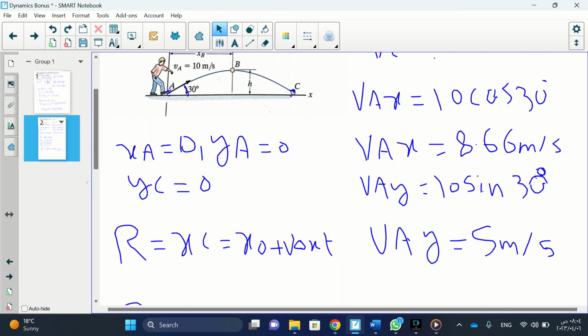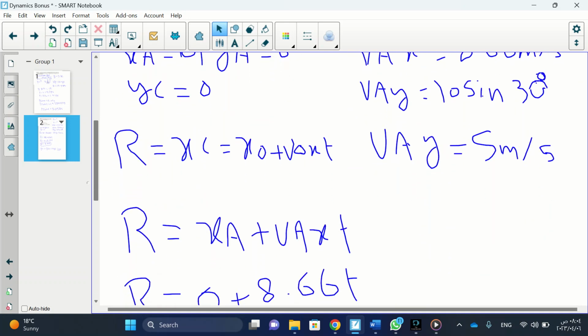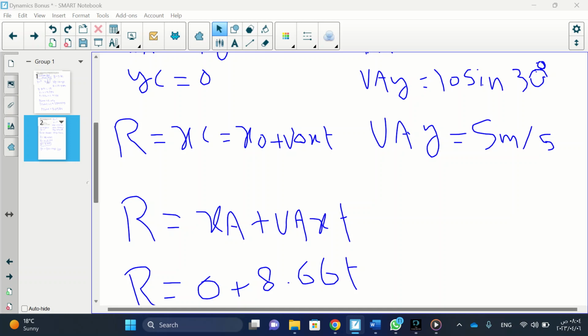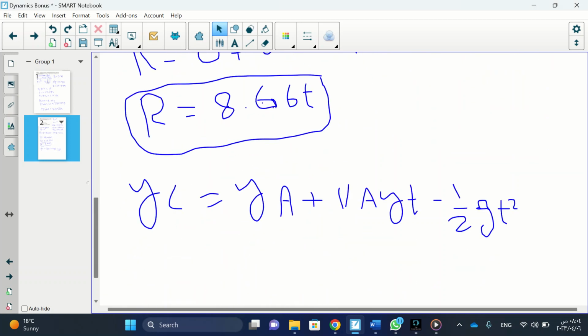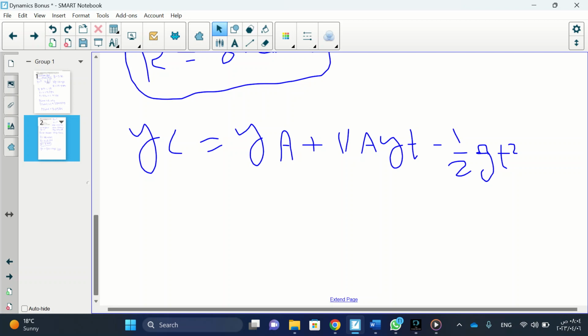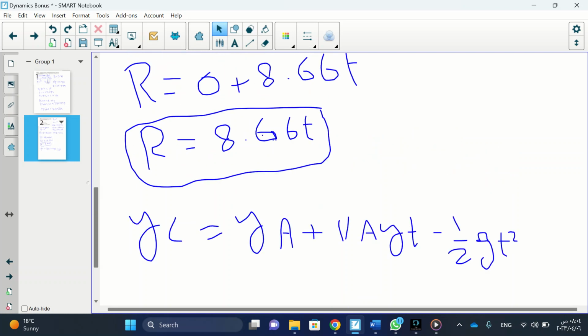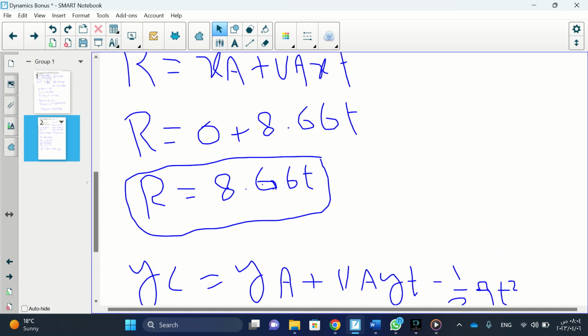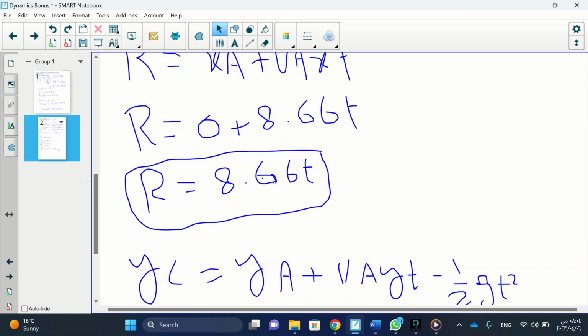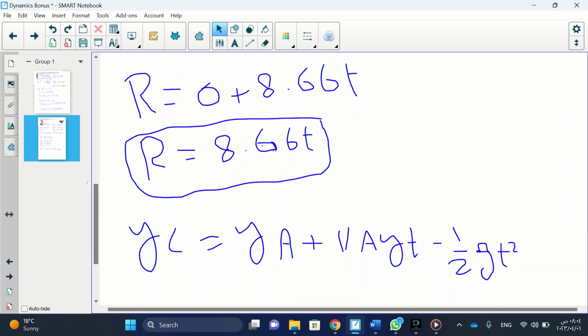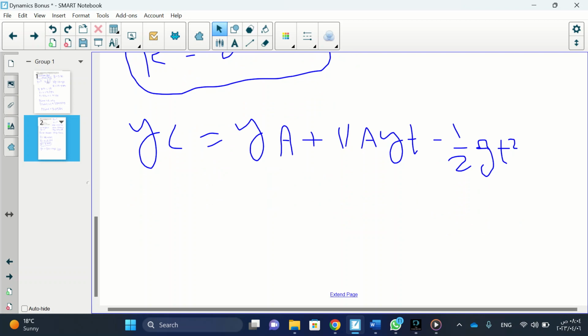So we found an equation of R, not the magnitude of R. We are trying to find this equation of YC because we need to find the time. Otherwise, how will we find the time? If we find the magnitude of the time, we can just plug it into the R equation.